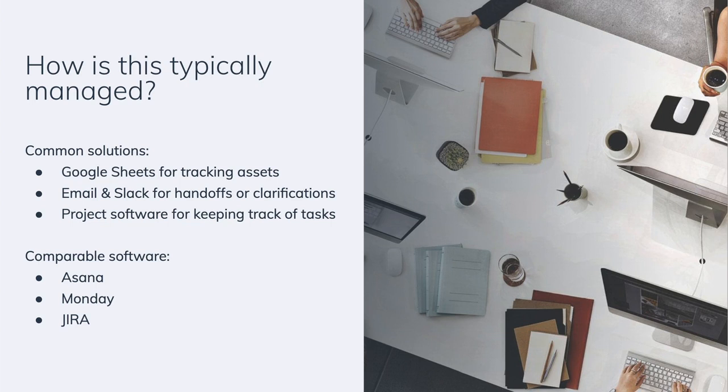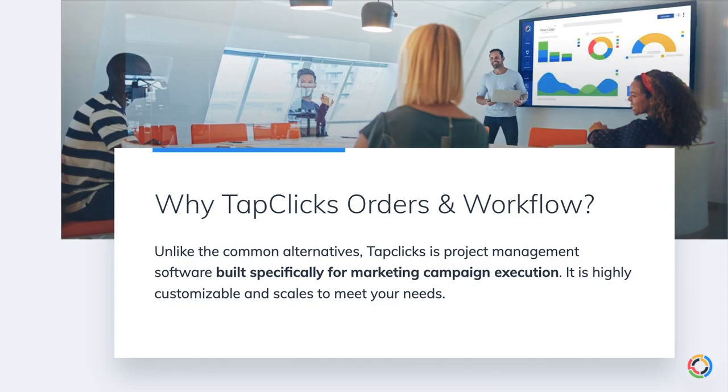Some companies invest in setting up these process and project management tools, ranging from lightweight options like Asana and Trello to more robust solutions like Jira. Though flexible, these solutions aren't really built for tracking and managing marketing campaigns. And that's where Orders and Workflow is different. Most marketing operations leaders know what they are doing doesn't scale.